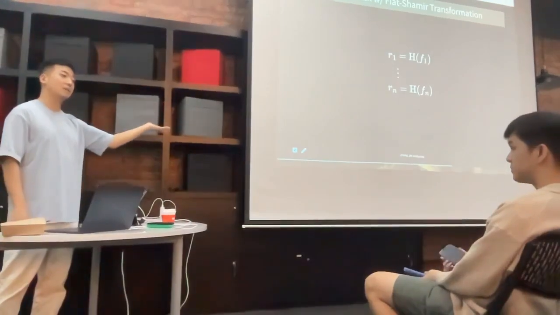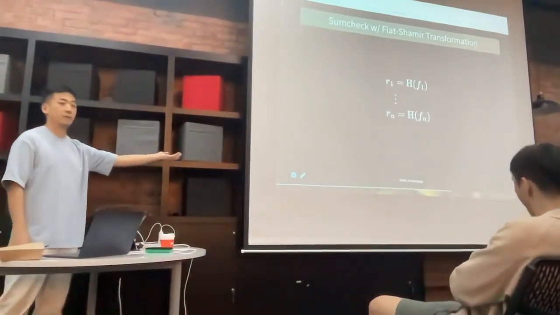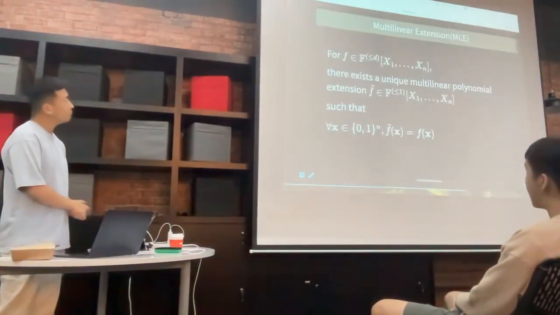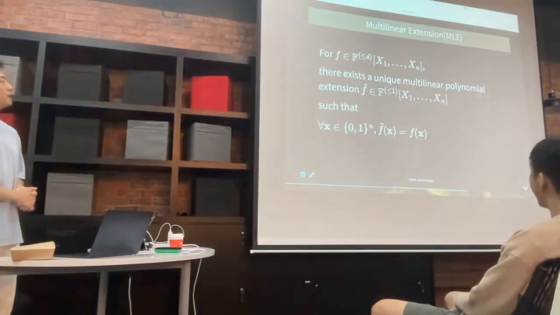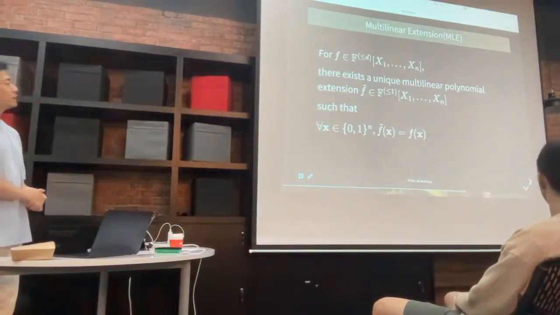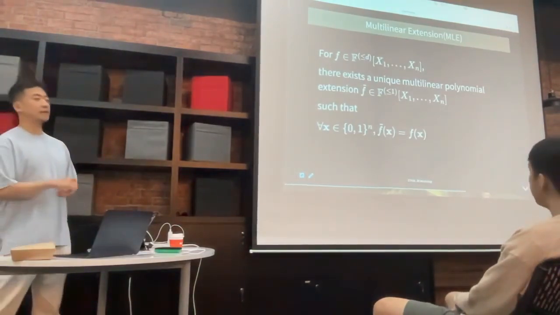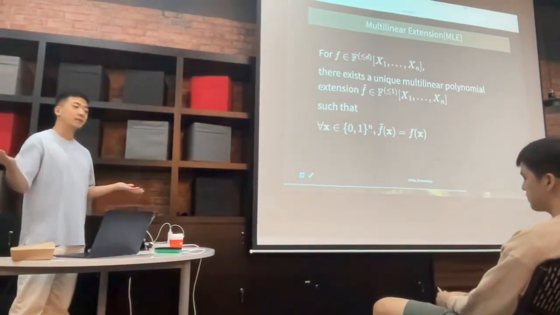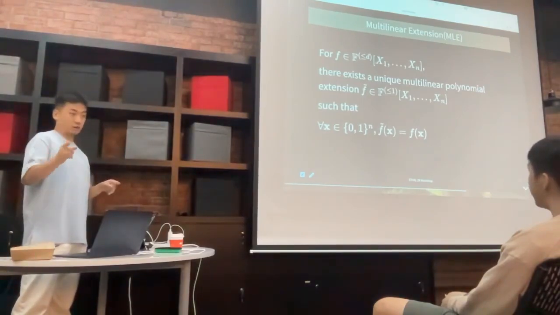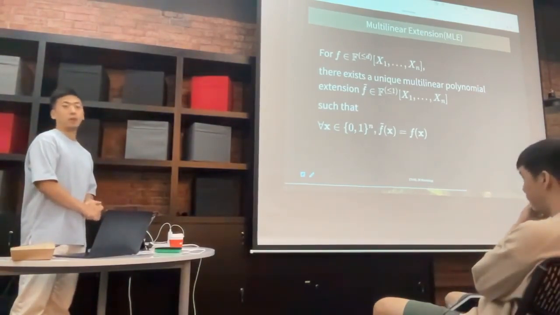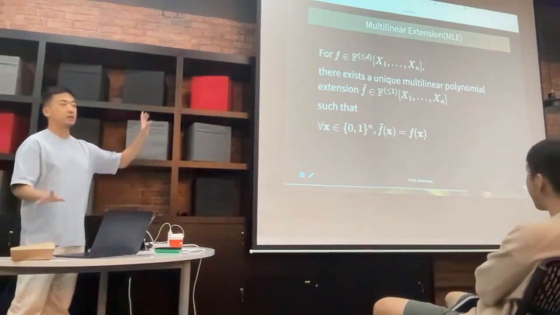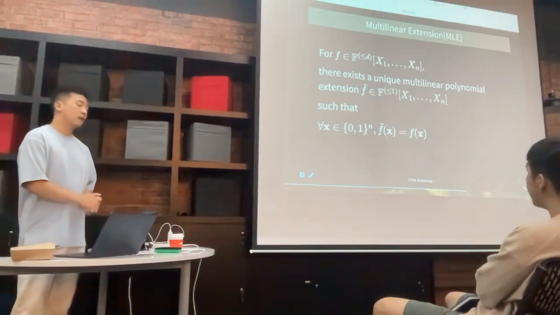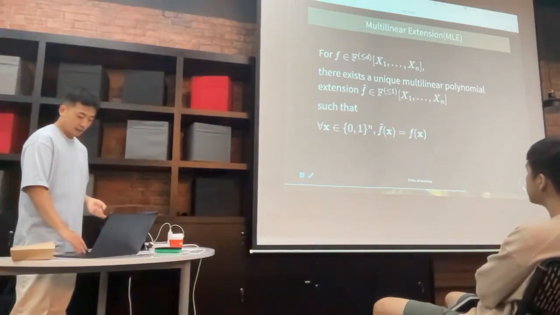A naive example of how to do the Fiat-Shamir transformation, just picking the next random first. And this is about the multilinear extension that I explained in the morning. Just like a univariate polynomial, there is only one polynomial that interpolates those values on the given Boolean hypercube. That's a multilinear extension.